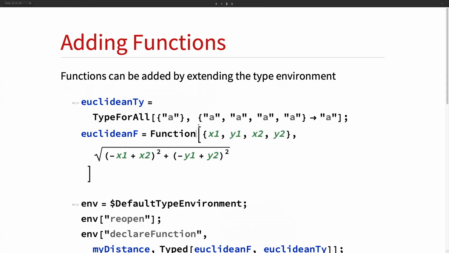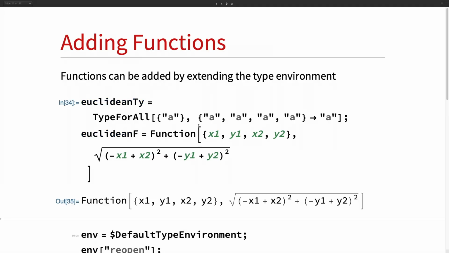And then, other than adding types, you can also add functions. So I have a function here, which is a Euclidean distance. It takes x and y coordinates, and these are defined for any type. So this is saying for any type A, this function takes 4 A's and returns an A, and then I can just define that.